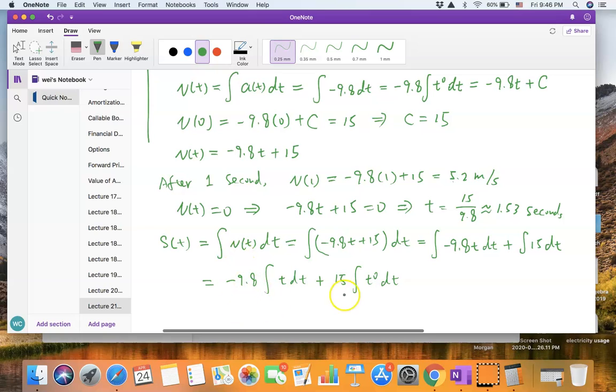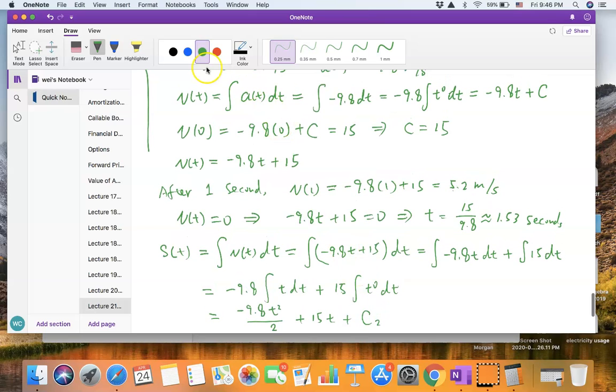Then use the power rule. So we have negative 9.8 t squared over 2 plus 15 times t plus another constant c1.